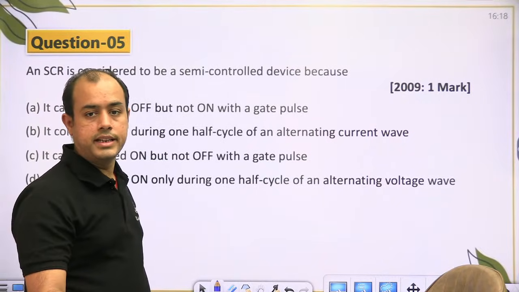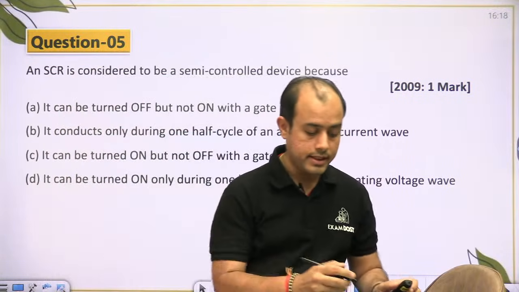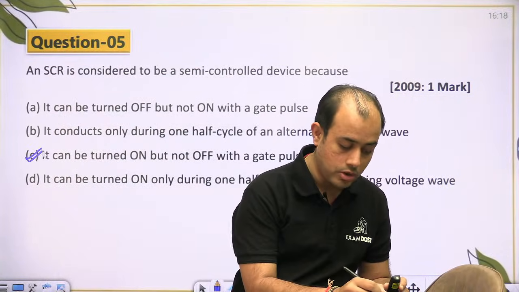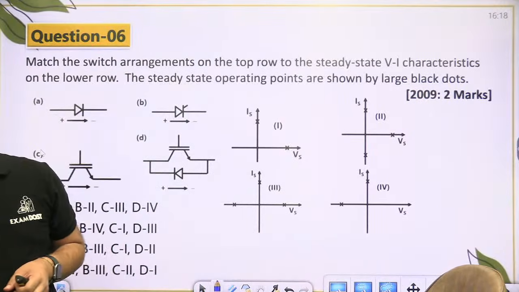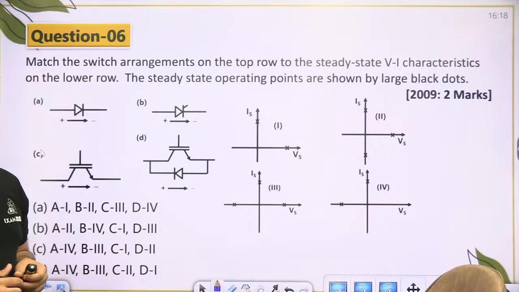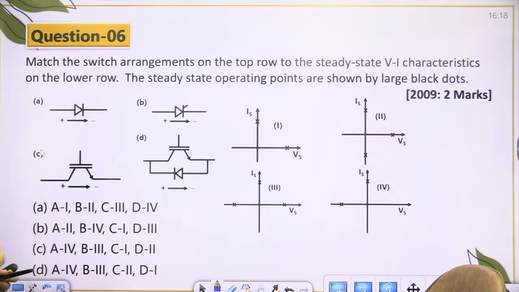Why do you consider SCR as a semi-controlled device? Because it can be turned on but not turned off with a gate pulse. Very good. Next, beta, you need to match the steady state operating point. I have given you the quadrants. Match the switch with the corresponding characteristic.